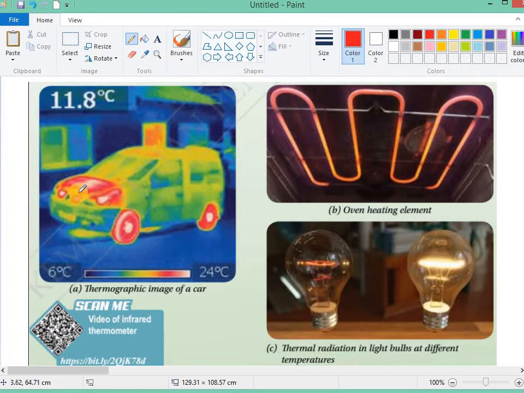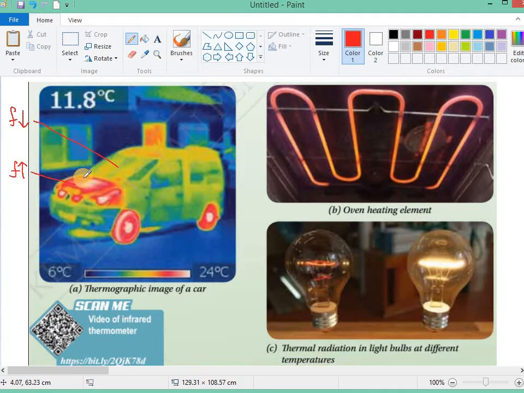So for example, the engine of the car and the tire of the car will emit. The temperature is higher, right? So that means here the frequency is higher. The tire also has higher frequency. The body of the car has lower frequency because the temperature is lower. Okay, get the idea.